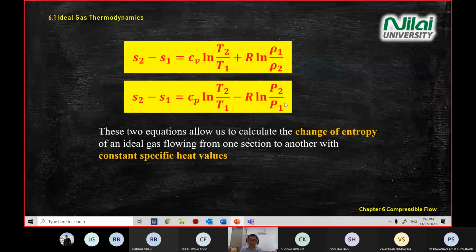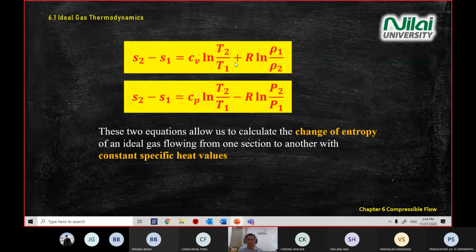Right, so last class, we stopped at this slide, right? So you can define your entropy with these two equations. The difference is one uses CV, another one uses CP. Both give you the answer, and how we apply this depends on the question, on the parameters that we have inside the question. Okay, both give you the same answer.